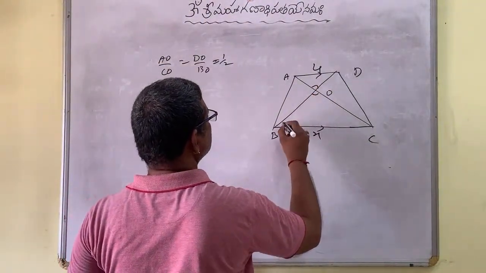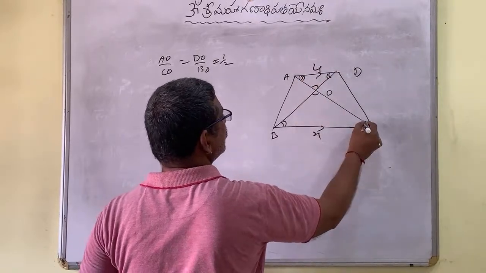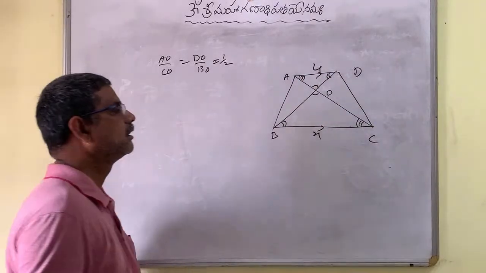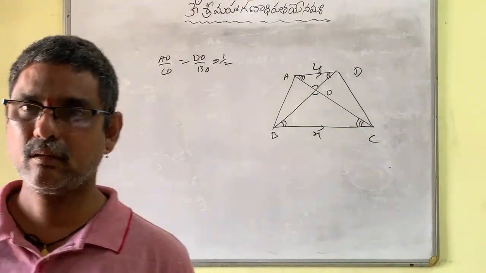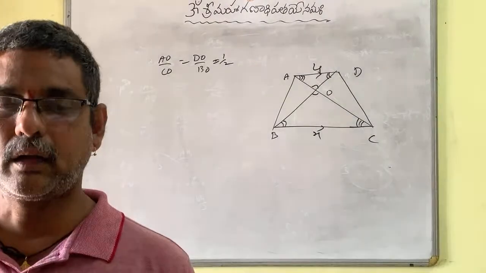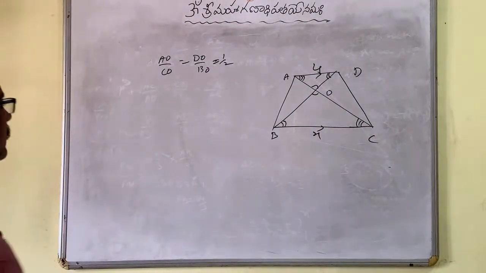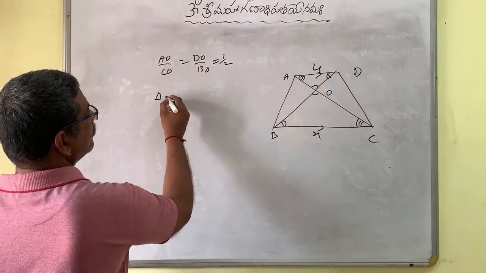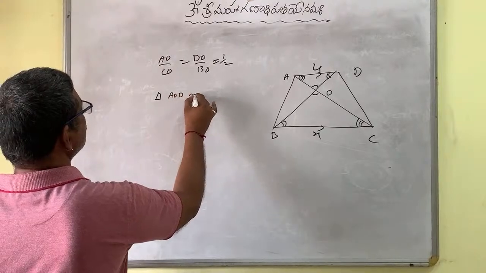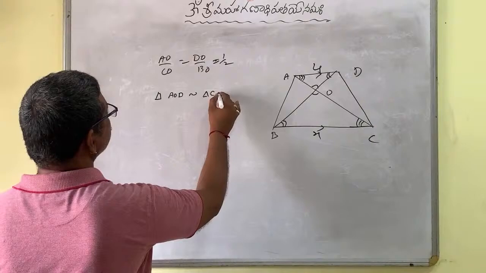Vertically opposite angles are equal, alternate interior angles are equal. AAA or AA similarity, children? Triangle AOD is similar to triangle COB.